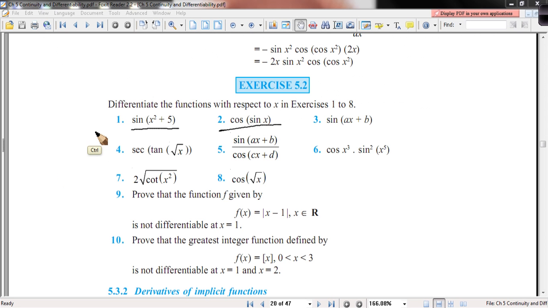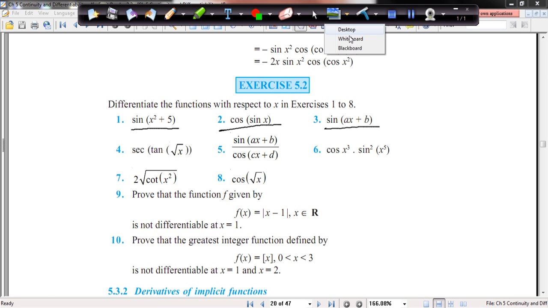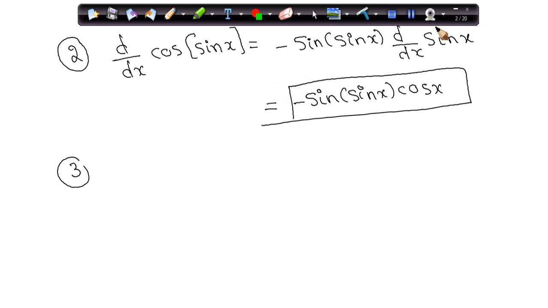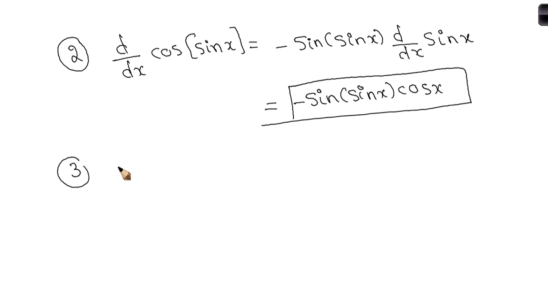Let me see the third question. Third question is find the derivative of sine of ax plus b.